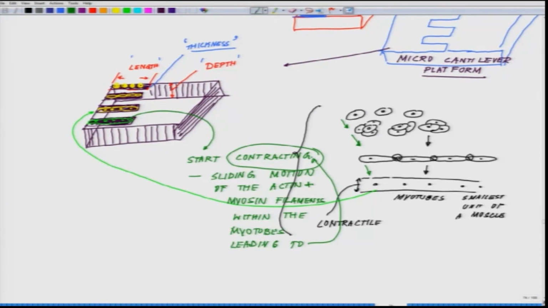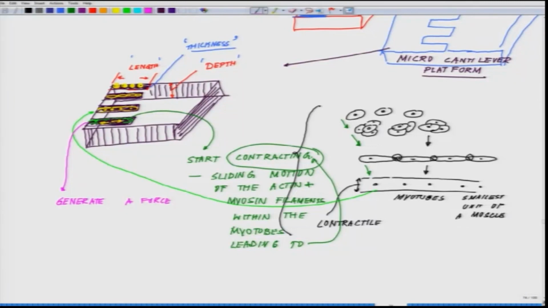Now, once these myotubes start to contract, the motion will be something like this, and this contraction will generate a force.